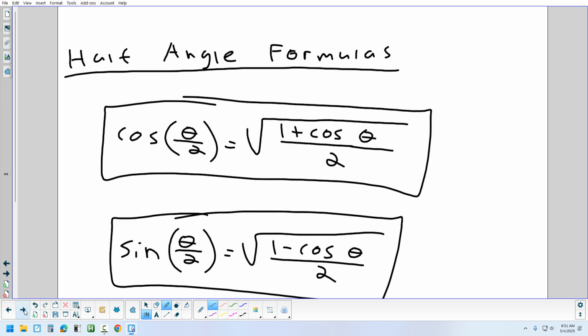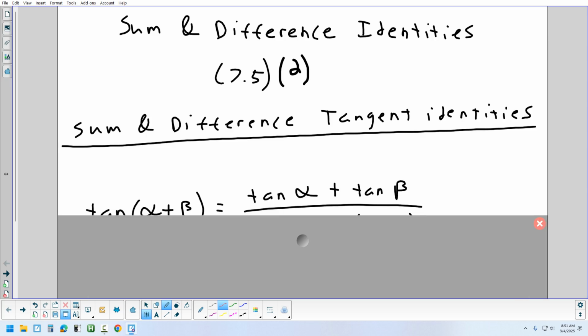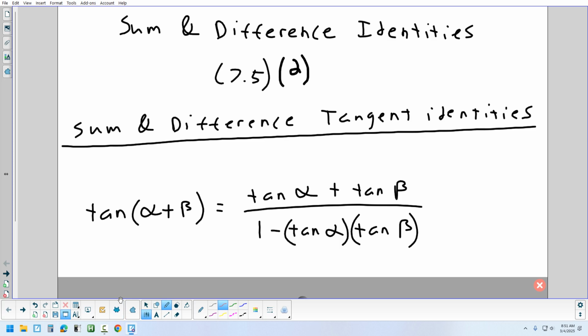Okay, so these are all different formulas that allow you to take an argument that has something in it besides just the argument, right? It's got like a divided by 2, or maybe it's got like a times 2 for the angle, or it's got something where you're adding or subtracting inside the argument, and it gives you a way to get rid of what's complicated inside the argument.